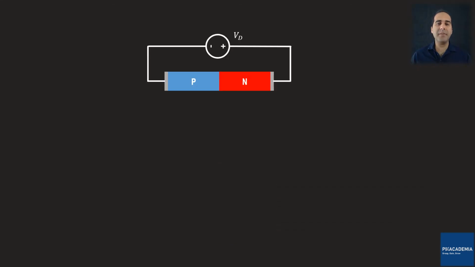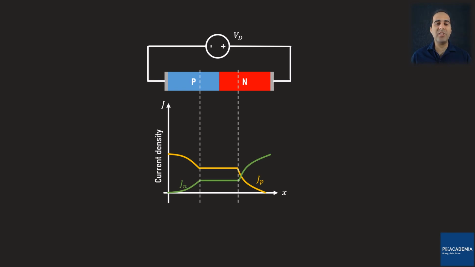Here is a simple drawing of a PN junction which is reversely biased. As we have seen so far, the current flow through the device is due to the charge carriers, holes and electrons. I plotted the minority charge carrier concentrations for a reversely biased PN junction, and now is the time to plot the current density diagrams across the device length.